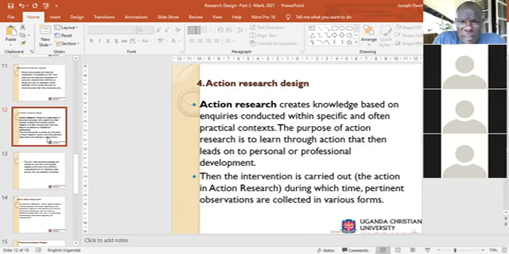The key word here is action. In research, there are basically two types of research: what we call basic research and what we call applied research. Action research belongs to the family of applied research, research you do, and out of whose results you do something.